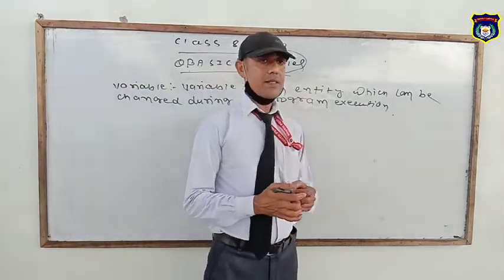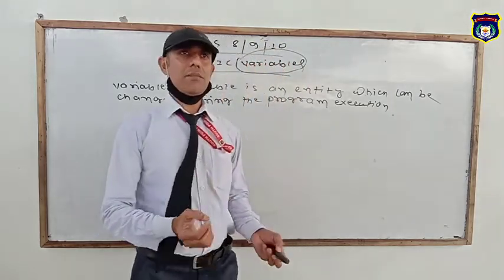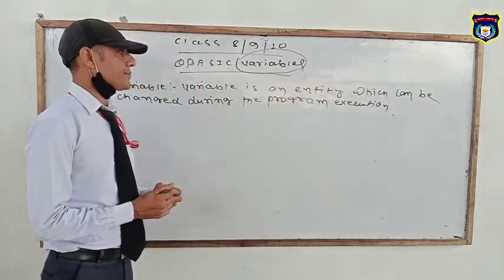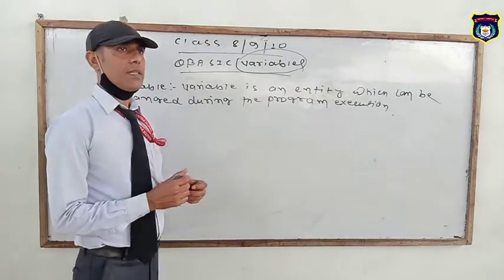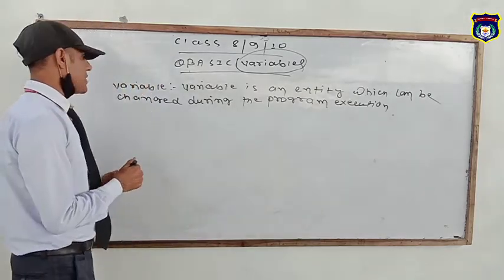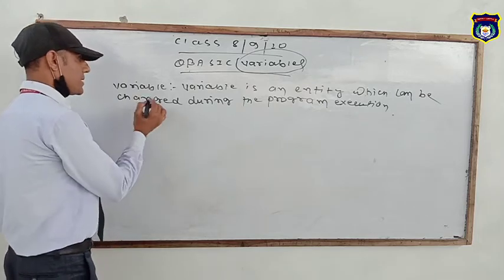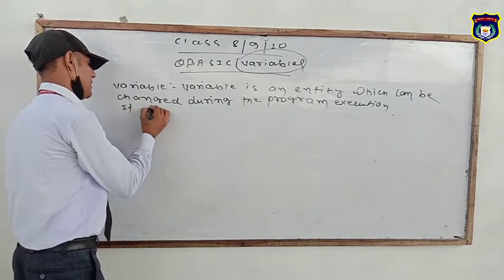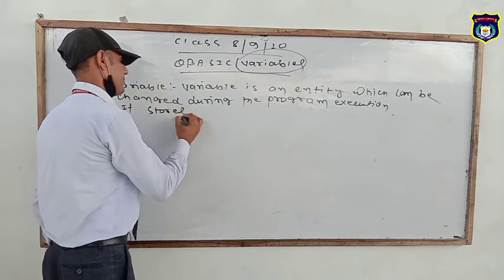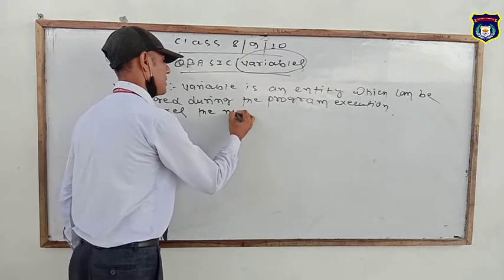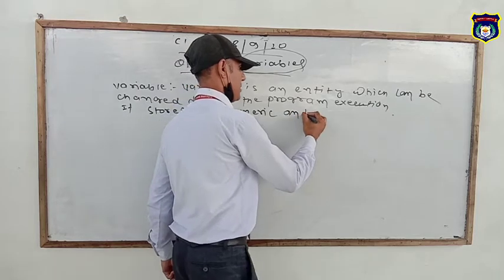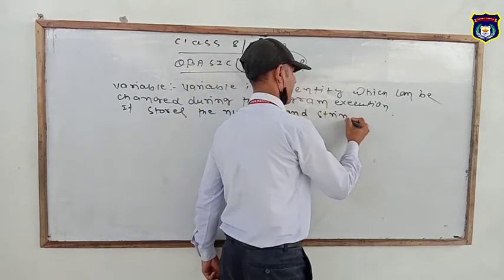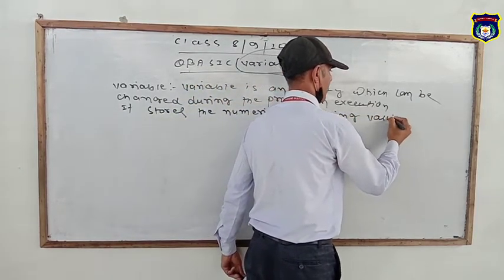Okay, it is an entity. It is the most important element which is used to store the values. It stores numeric and string values.